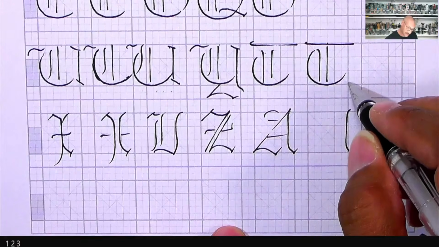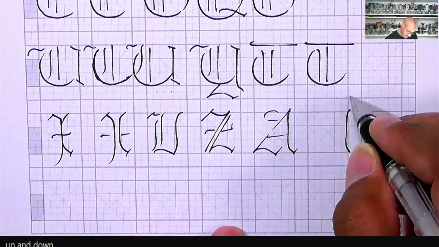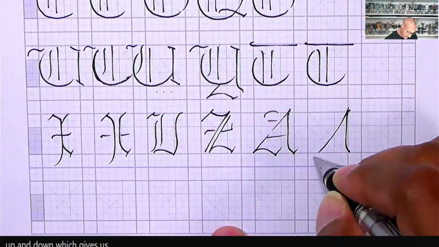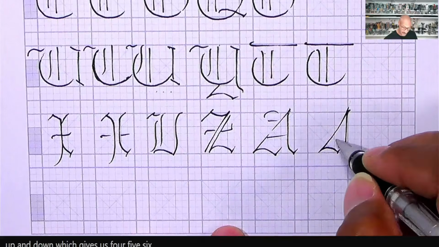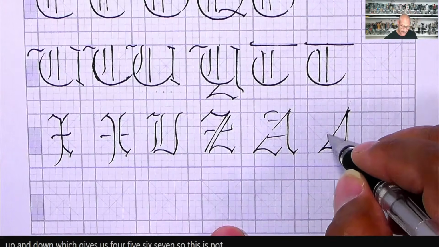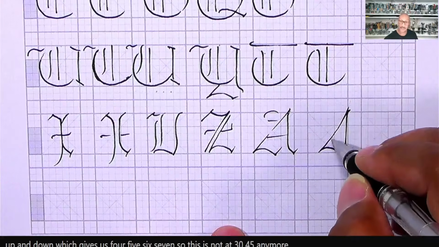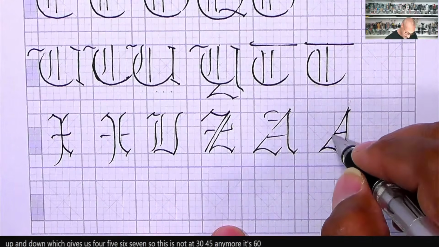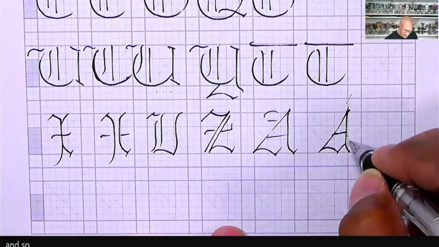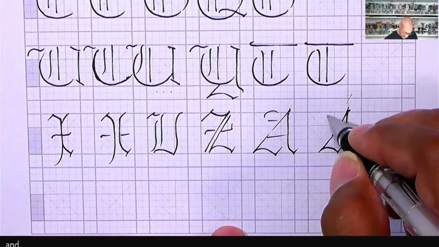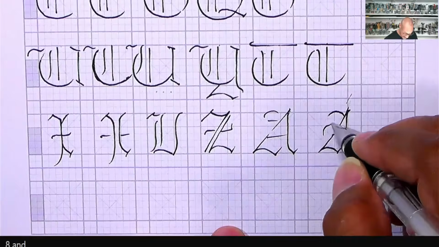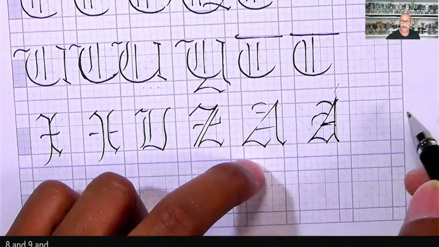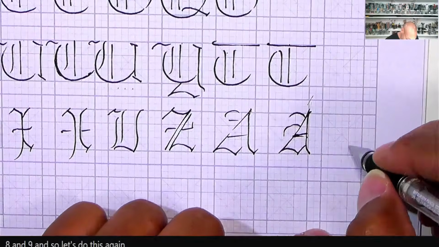Up and down, which gives us 4, 5, 6, 7. So this is not at 30, 45 anymore, it's at 60. And so 6, 7, and 8, and 9.